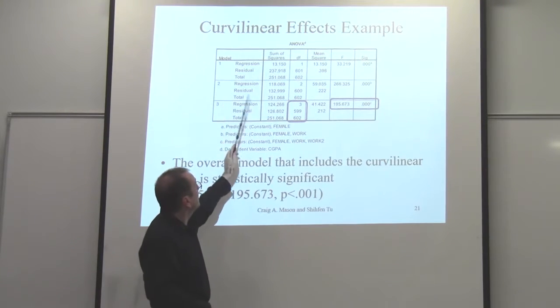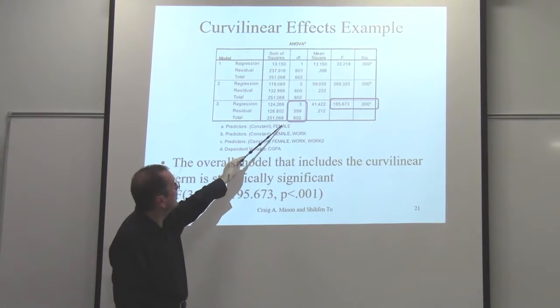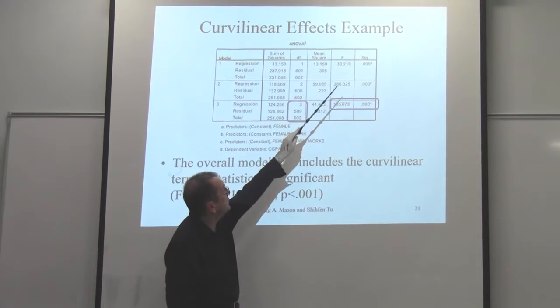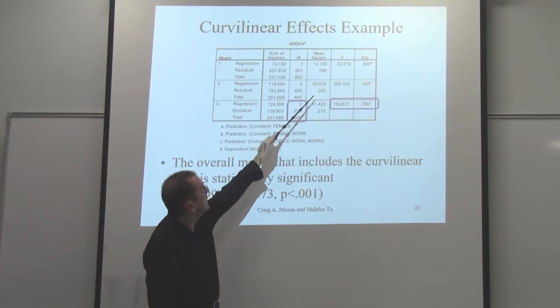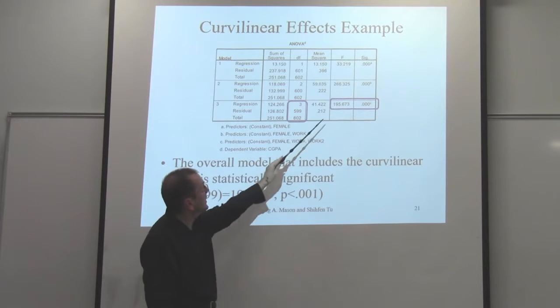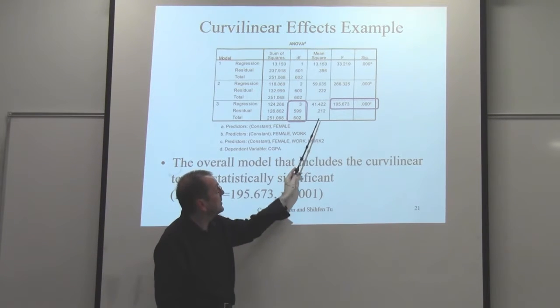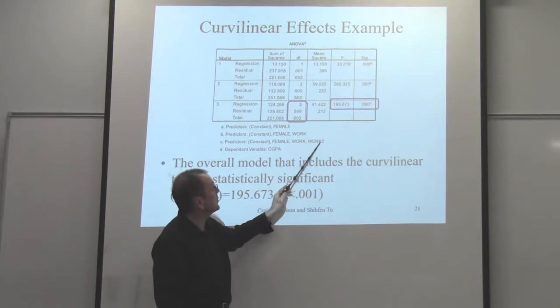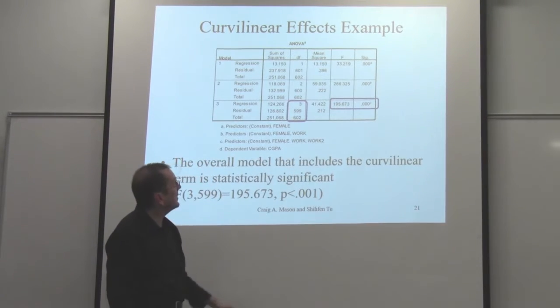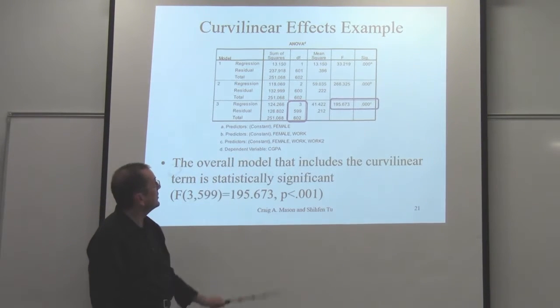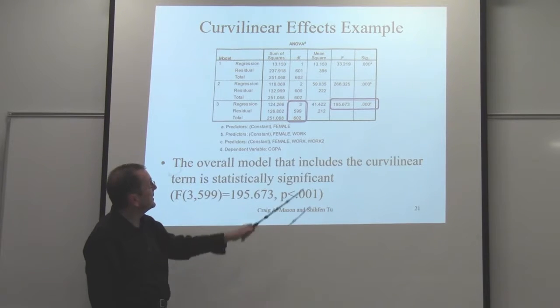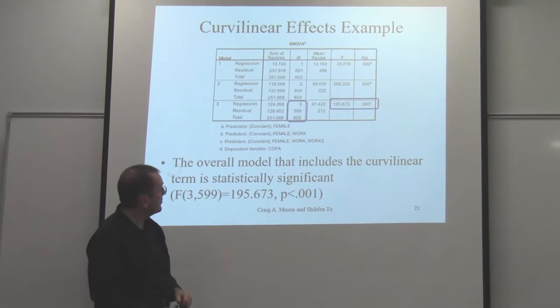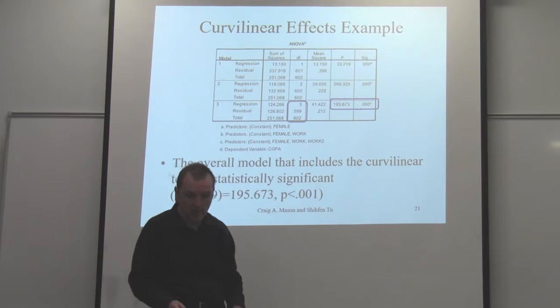Here's our model with everything in it. Here's when we added female, that was significant. Here's where we added work, it was still significant. When we add the square term, work2, it's still very significant. With 3 and 599 degrees of freedom, our F is 195.6, p is less than 0.001.